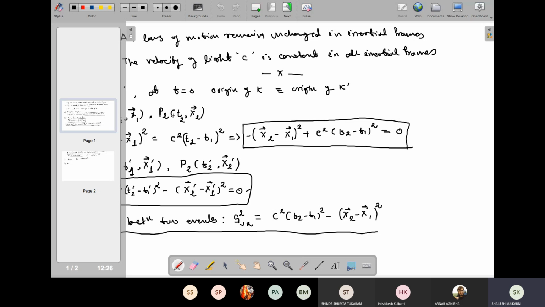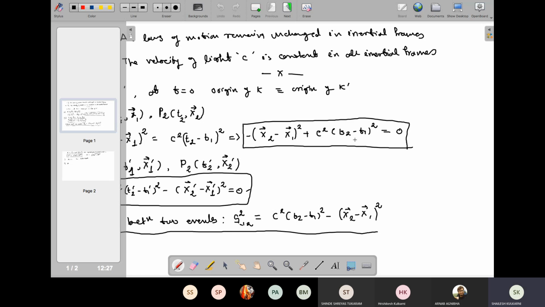These are different points in spacetime. My first event is sending the light signal from T1 X1, and the second event is receiving it at T2 X2. The way we define the interval is the four-distance between two events. Once I define this, the interval for a light signal is always zero.